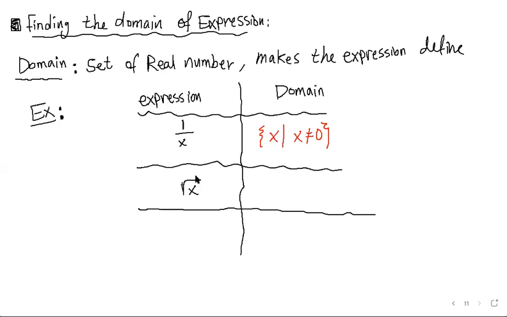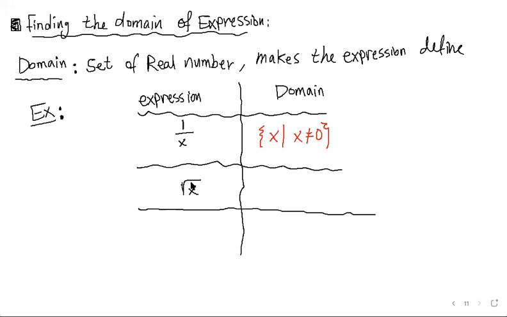If I plug in 0, will it be defined? The square root of 0 is 0, so that's defined. Will said all the positive numbers and 0. He's right. Why? If I plug in 0, the square root of 0 is 0, so it's defined.